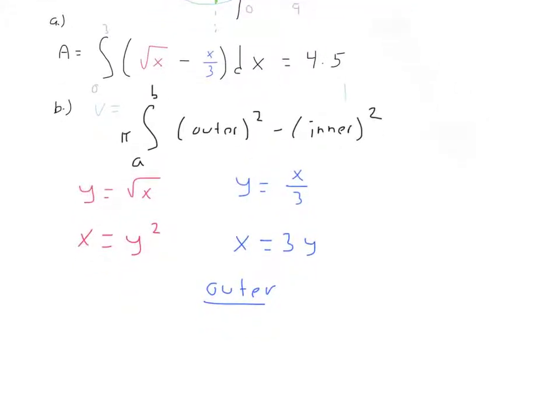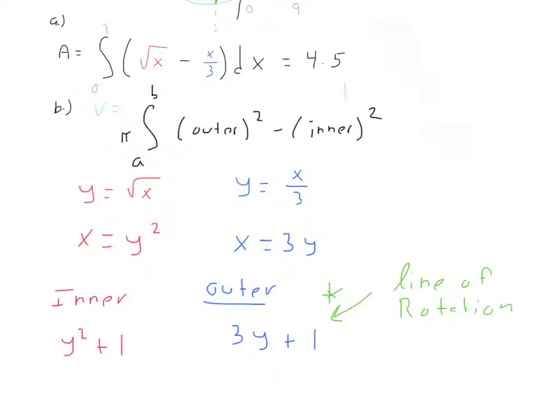So my outer radius is 3y minus -1, and the inner radius is y squared minus -1. The reason why we're adding 1 to them is because the distance between our points and the line of rotation, you're going to have to add 1 to each of those things.